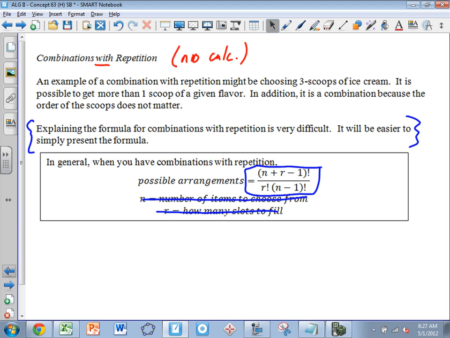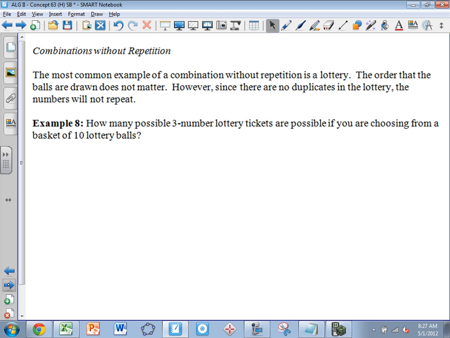When I put no calculator, I mean you can't use the combination function on your calculator for this. But for the one that we're about to do, without repetition, you could simply use the NCR function on there. Again, no calculator with calculator is referring to using the permutation function and combination function on your calculator.